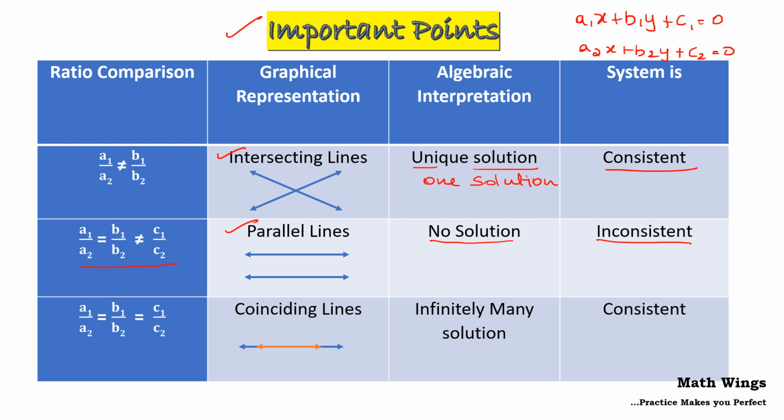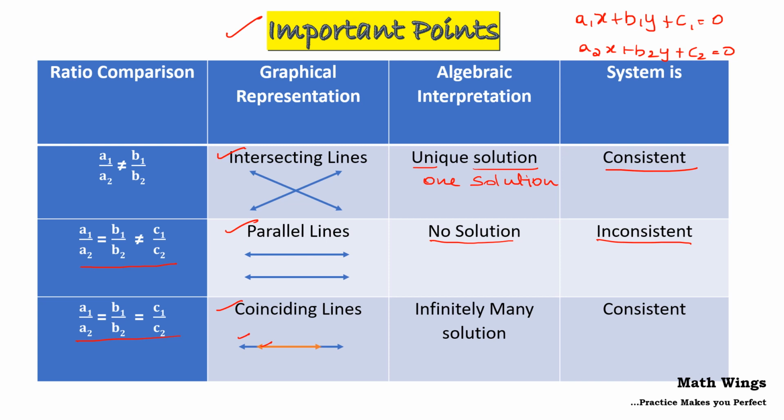The last one: when all the ratios are equal, that is a1 by a2 equal to b1 by b2 equal to c1 by c2, the lines will coincide with each other graphically. That means the first line will come upon the second line, or we can also say the second line will come on the first one.